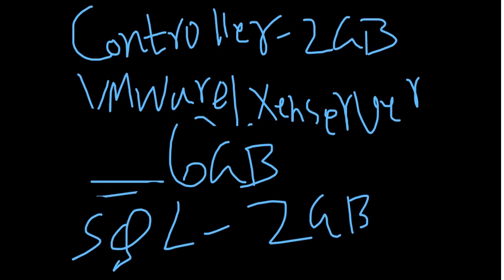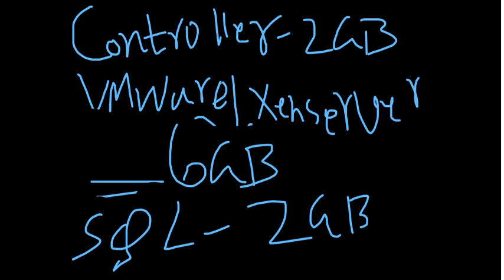So I'll just reiterate. For Active Directory you need to give 2 GB RAM, and for StoreFront 2 GB RAM. The controller you can give 2 GB RAM, or if you want to give 3 GB RAM, that is also fine. For the Zen server, VMware ESXi environment, I would like to give at least 6 GB, and the SQL server can be separate.